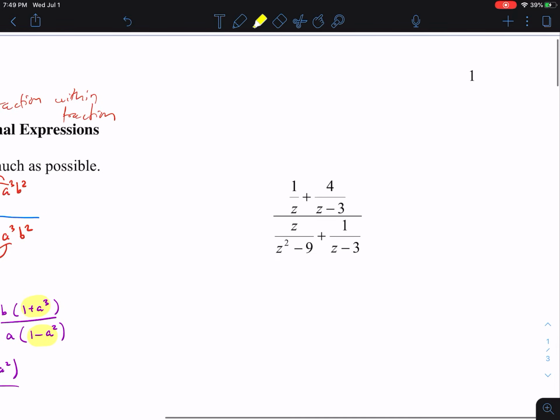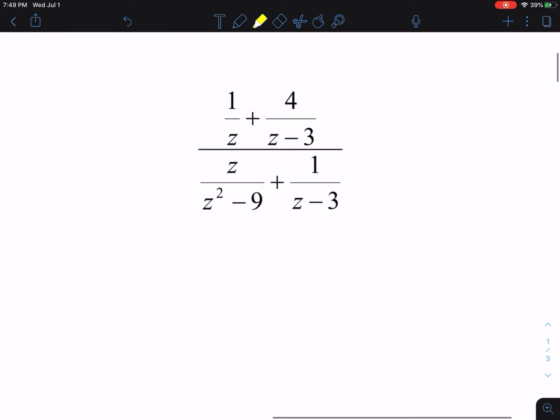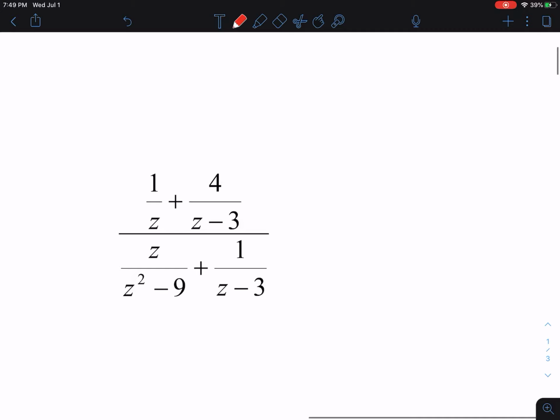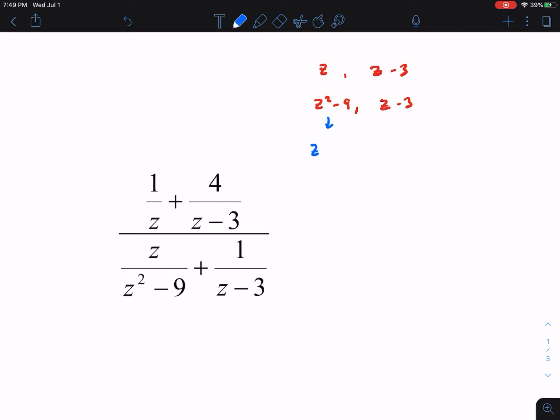In the next example, how do we find the grand LCD here? Let's list all the denominators again. We have z, z minus 3, and then z squared minus 9, and then z minus 3. Now notice that z squared minus 9 factors into z minus 3 times z plus 3.